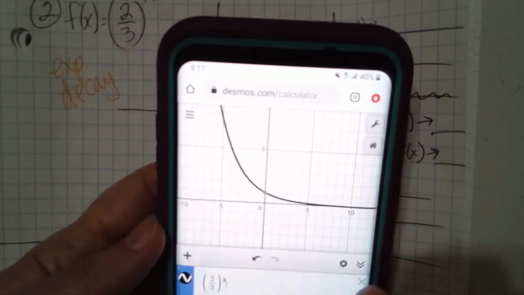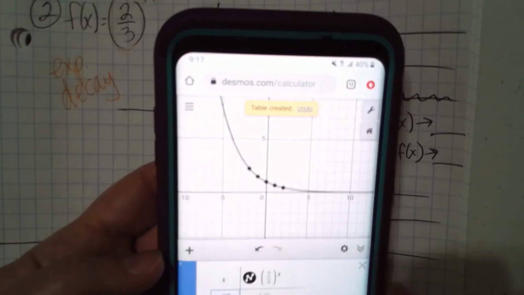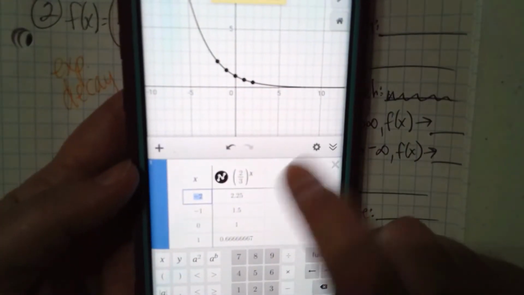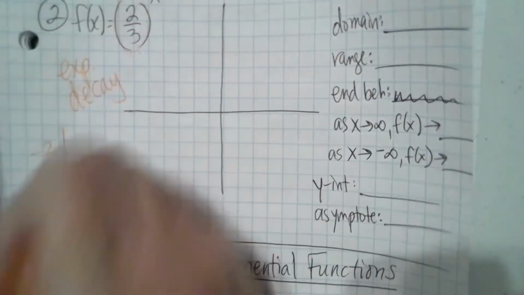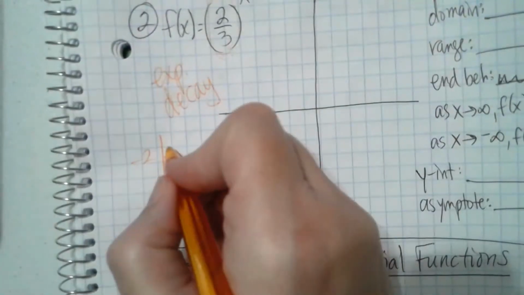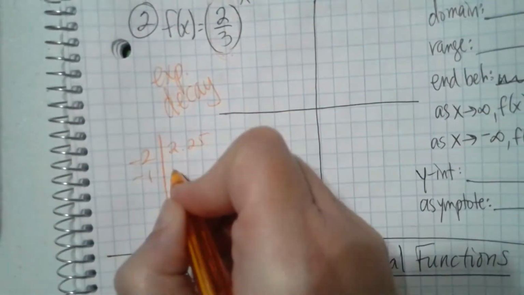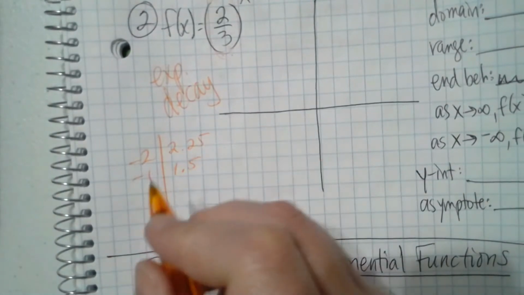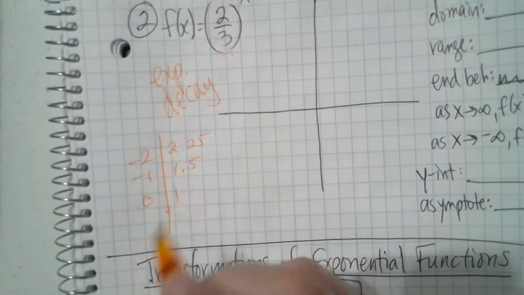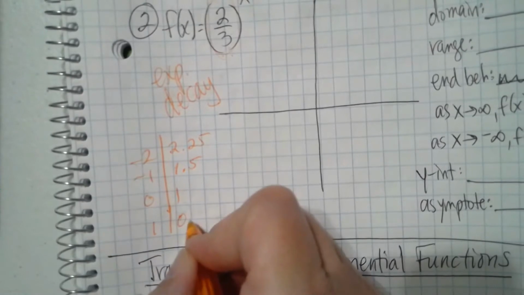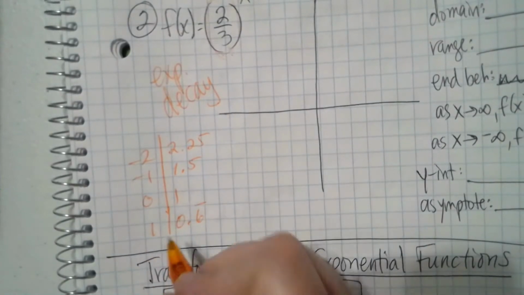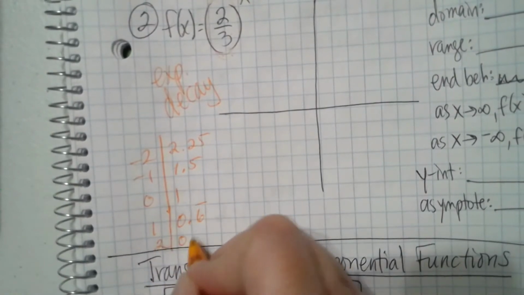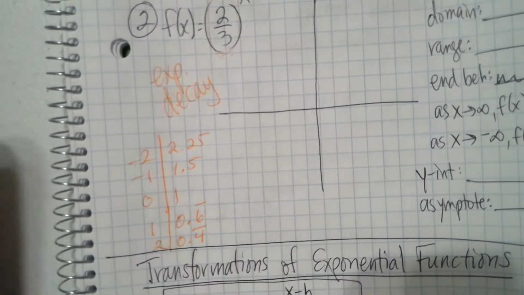Okay, so I need a couple values in my table. I hit the settings and looked at the table. I've got -2 at 2.25, -1 at 1.5, 0 at 1, 1 at 0.6 repeating, and 2 at 0.4 repeating.